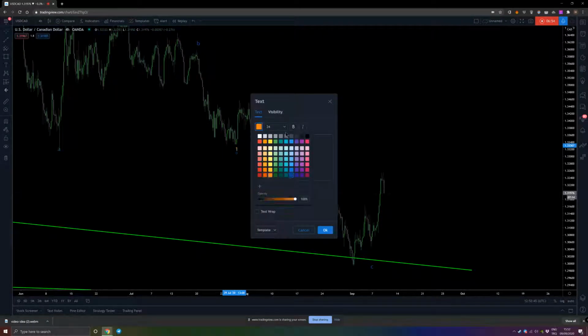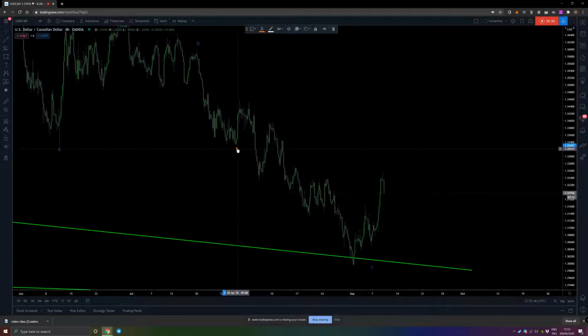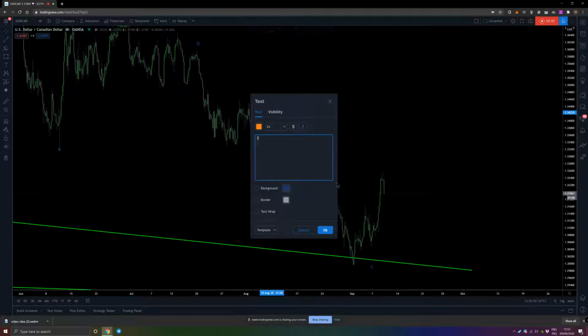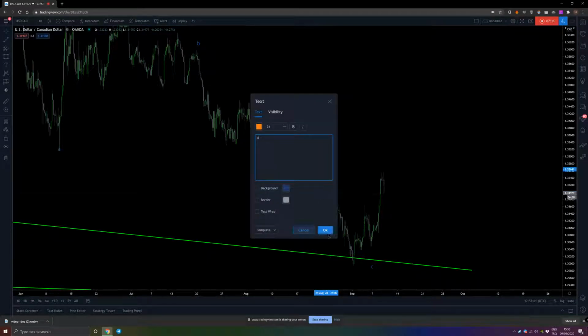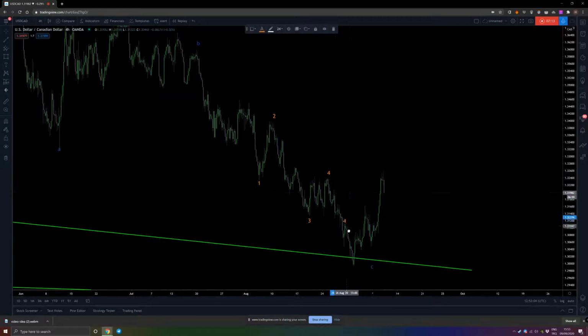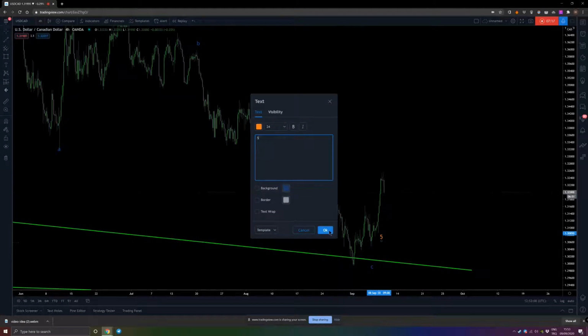Okay, now one of the ideas can be something like this. You may have a 1 here, for example, a second wave, a third wave, a fourth wave, and for example, I'm thinking like a fifth wave.